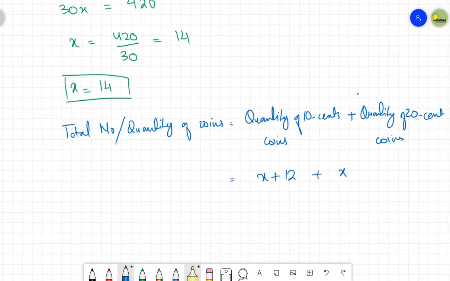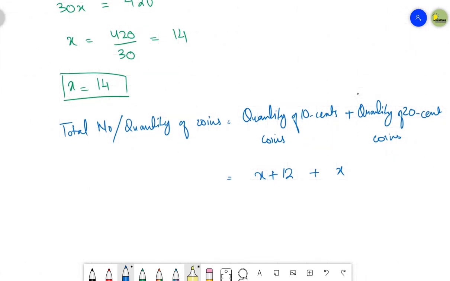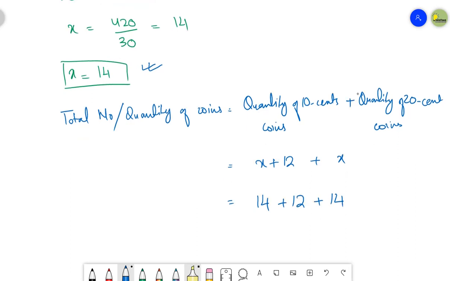So now we need to put the value of x that we calculated, 14, in this expression. 14 plus 12 plus 14: 14 and 14 make 28, and 28 plus 12 is collectively 40 coins. This is the total quantity of coins that he has, 40 coins.